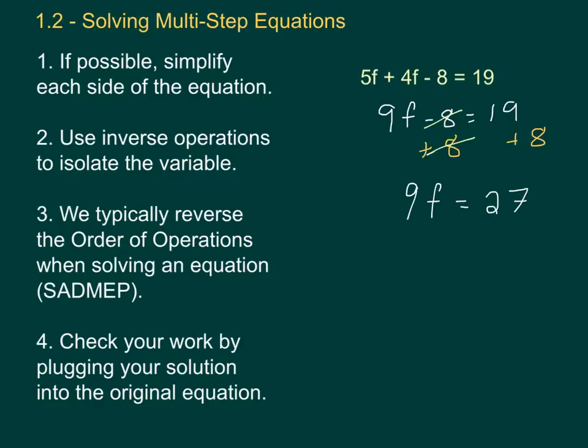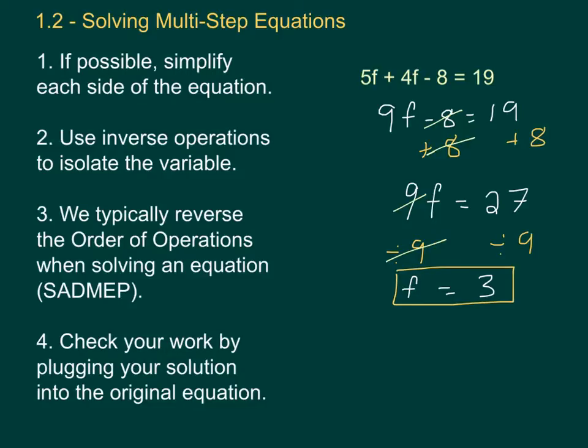And now we just have a one-step equation. So this is 9f, so it's 9 times f. So to cancel out that, we divide by 9 on each side. You can write it either like this or using a fraction bar. We'll cancel out over here, and it leaves you with f equals 3. And that's going to be our answer.